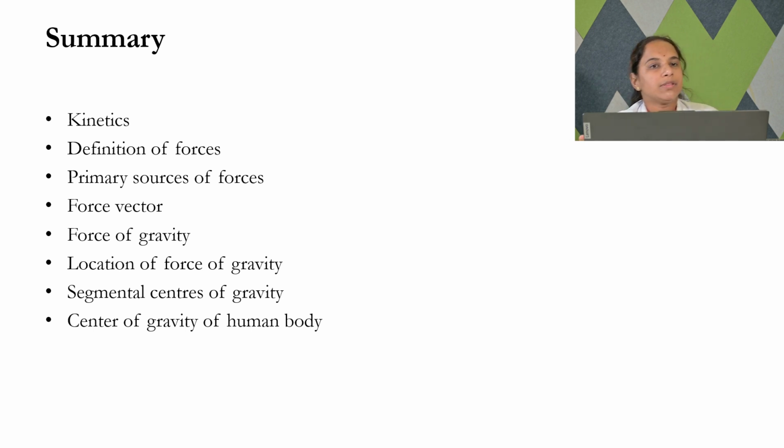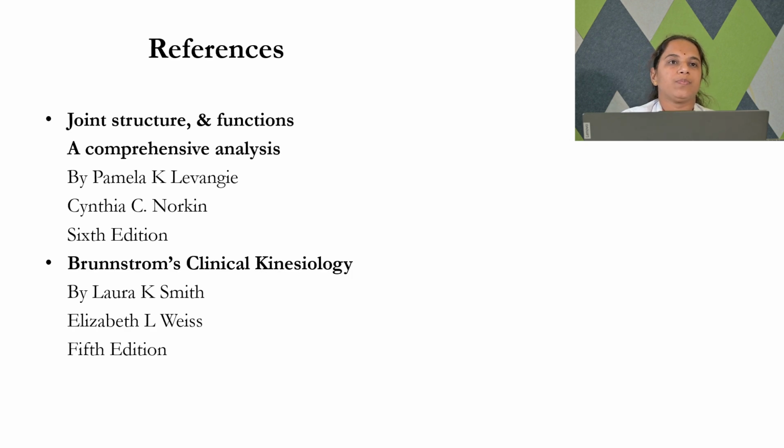When two segments are combined, it is located towards the heavier side, while if the trunk is flexed or the body is inclined, it lies outside the body. So in this class, we have learned about the forces and center of gravity and line of gravity.